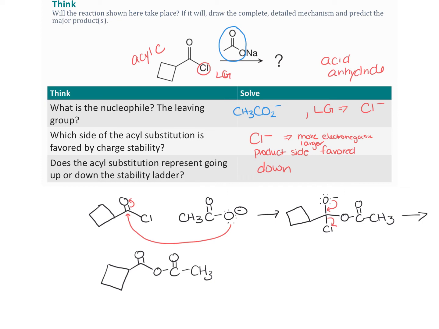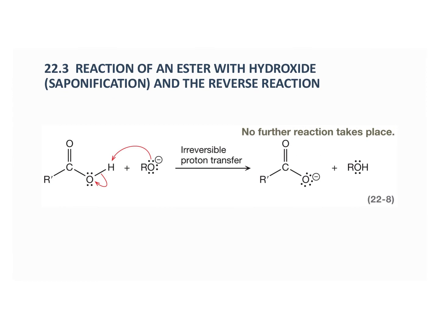So let's look at some other reactions. And let's look at the one that I talked about on the very first slide, which is saponification. So a hydroxide, which is an OH minus, and an alkoxide, which is an RO minus, these ions generally have similar nucleophile strengths and leaving group abilities.